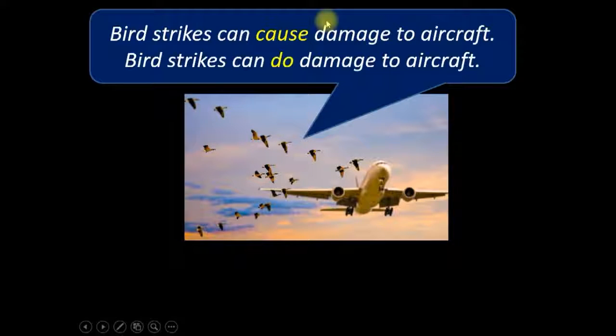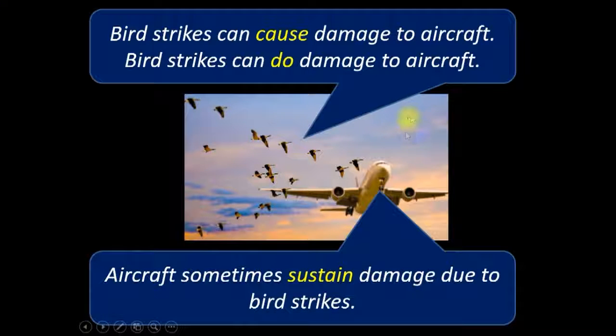However, we can also talk about it the other way. Aircraft sometimes sustain damage due to bird strikes. Here we see it's like the opposite. Bird strikes cause damage to the aircraft, so aircraft sustain damage, which means like get damaged.